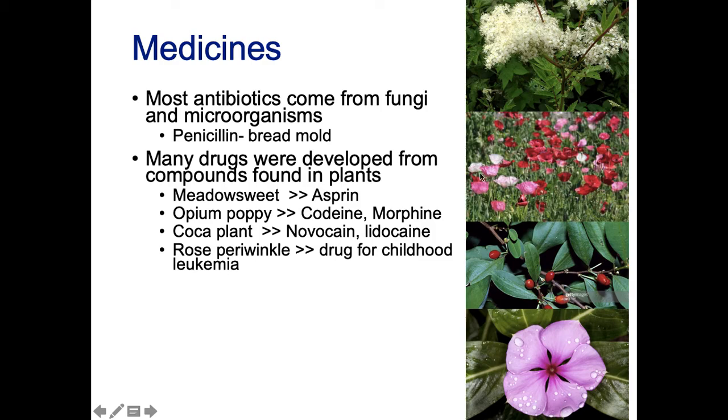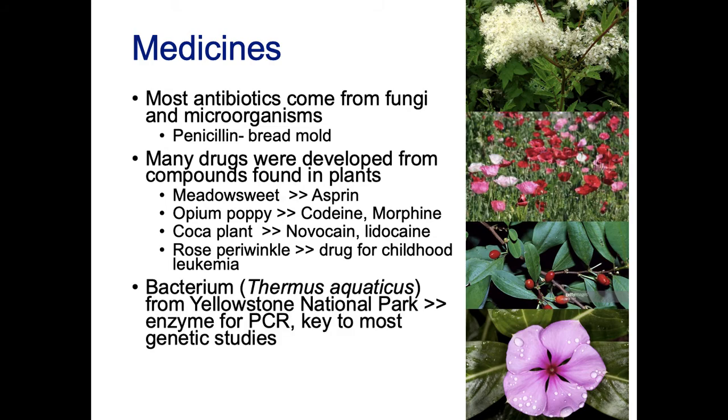Most of you probably know that codeine and morphine come from the opium poppies. The coca plant, novocaine and lidocaine, comes from this plant. And rose periwinkle, which is very commonly sold now in garden stores, is part of a drug for childhood leukemia.